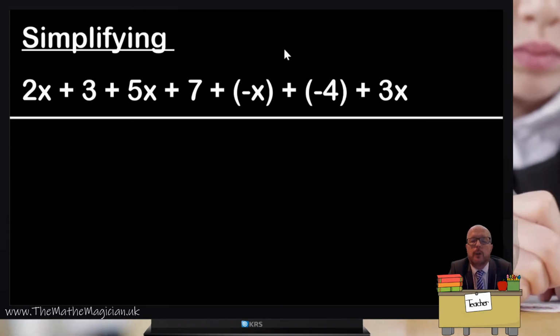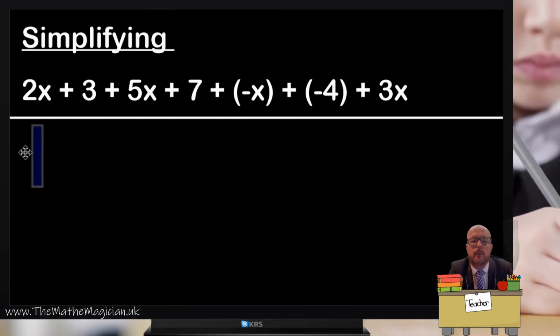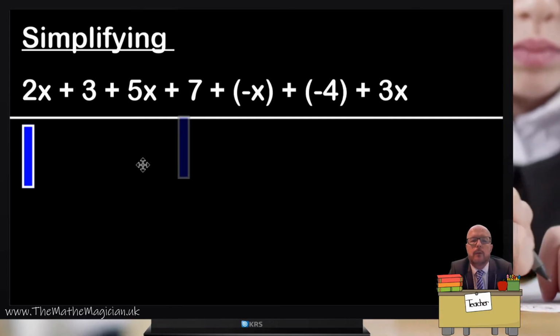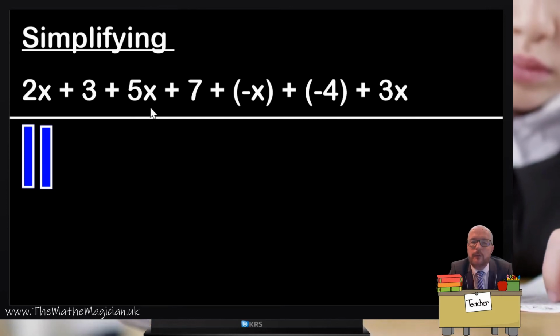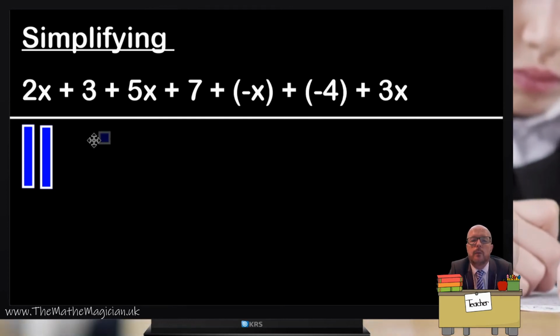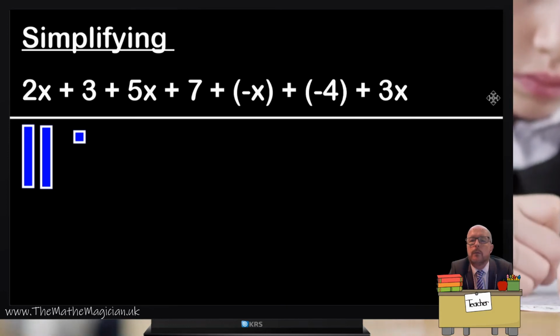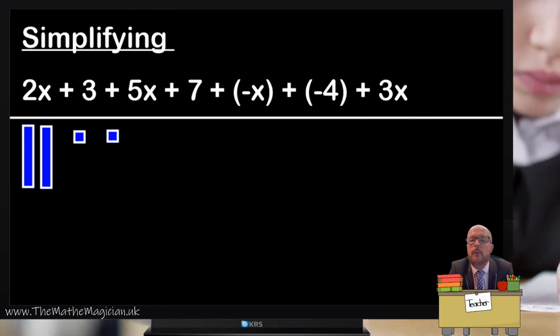We've got 2 x's, 1, 2. And then we've got 3, not 3 x's, just 3: 1, 2, 3.